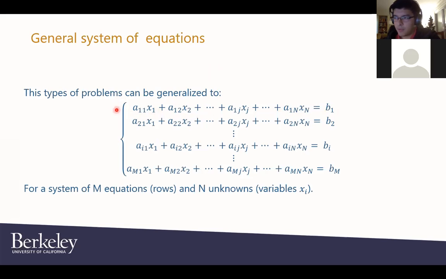So here we have a set of m equations. We have m rows, 1, 2, all the way through m, on n variables. So we have x1, x2, all the way through xn.